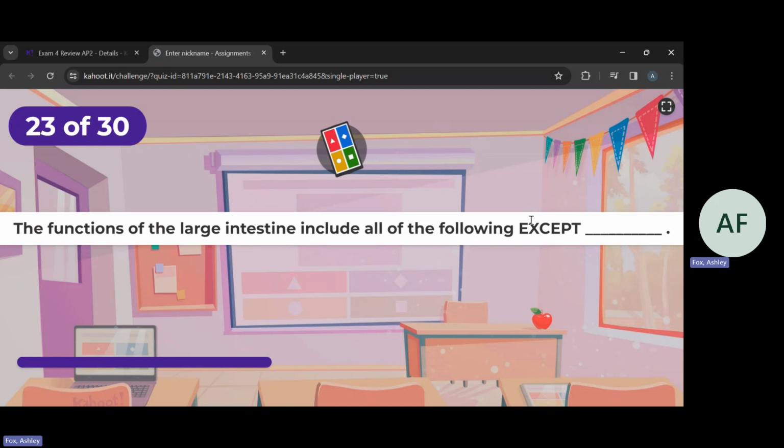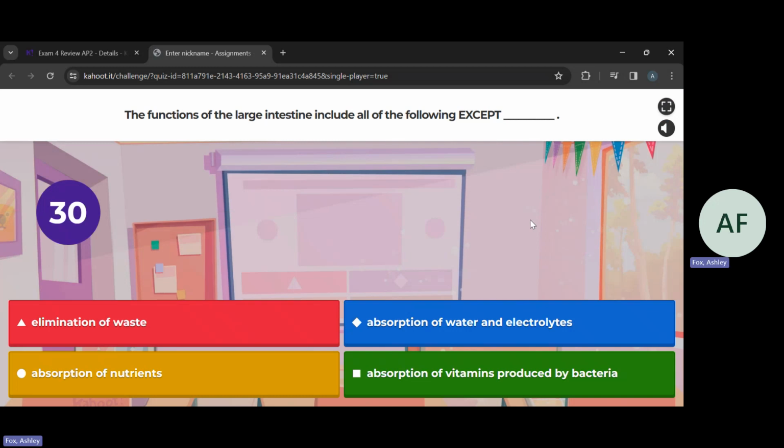The functions of the large intestine include all of the following except: elimination of waste, absorption of water and electrolytes, absorption of nutrients, absorption of vitamins produced by the bacteria.